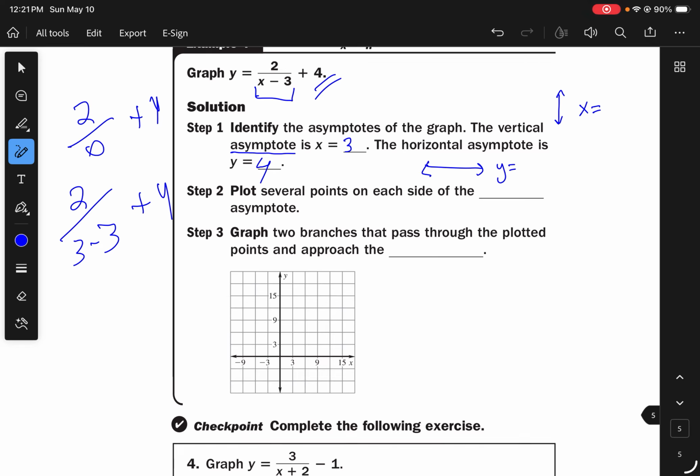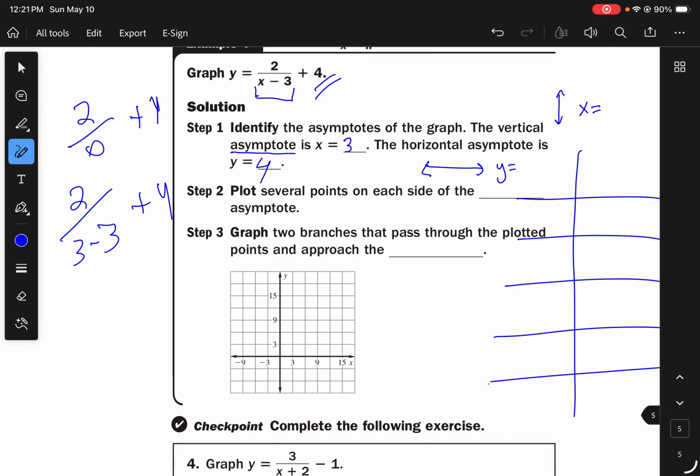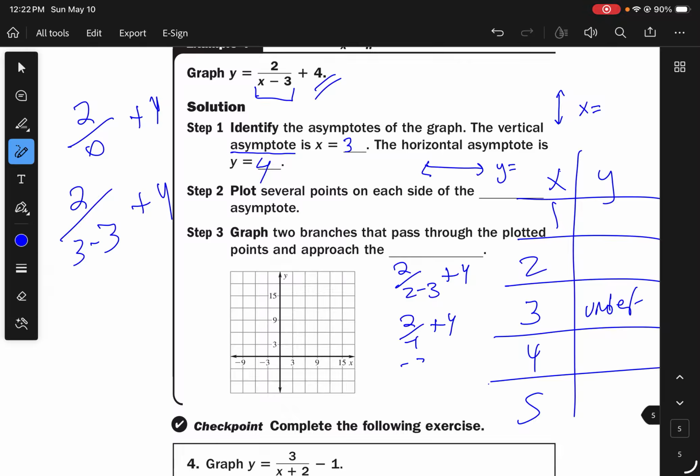So I'm going to go ahead and put 3 in the center of my table because I know that that's where my asymptote will be. So then I can go 2 and 1, 4 and 5. This will be undefined. If I have 2 over 2 minus 3, plus 4, 2 over negative 1 plus 4, I get negative 2 plus 4.